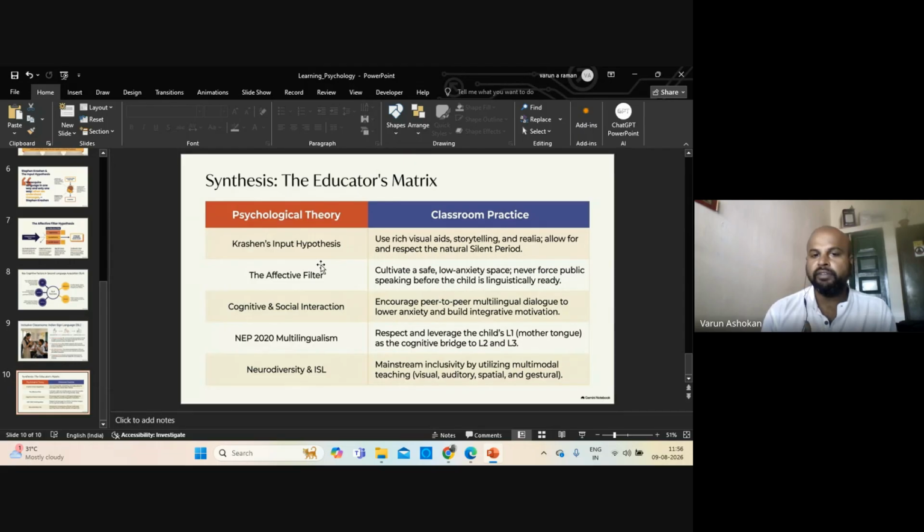Then neurodiversity and Indian Sign Language also speak about mainstream inclusivity through utilizing multimodal teaching aids: visual, auditory, spatial, and gestural, which help the child acquire the language, learn the language, and very strong concept formation will happen. So this is all from my side.